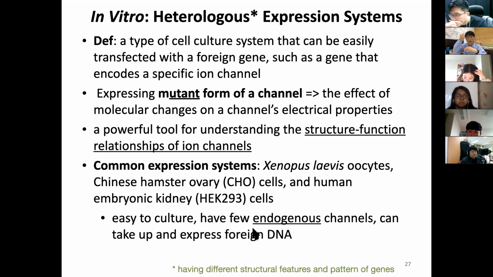Let's say I'm interested in a specific channel. We clone this and insert it into the cell to express it, making this channel express on specific cells or oocytes, Xenopus oocytes. Then we can do electrophysiology for this.